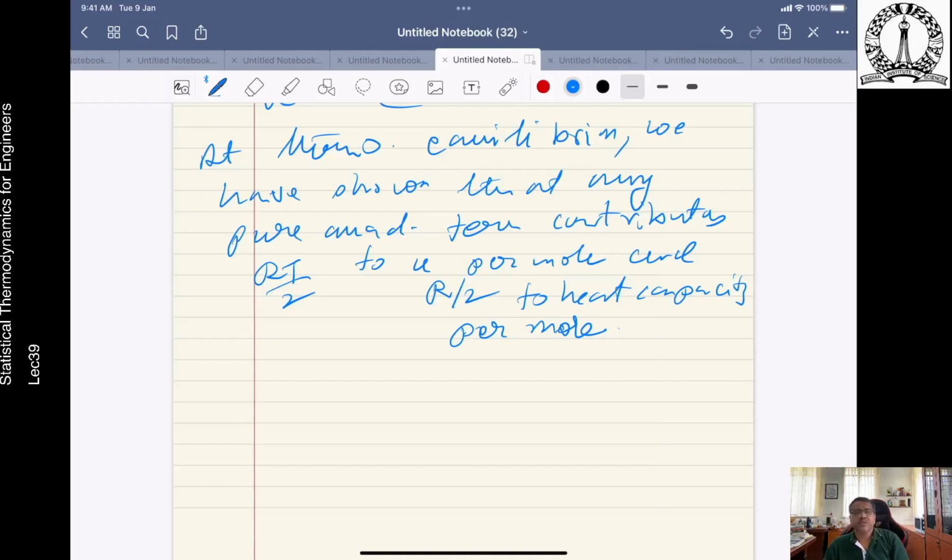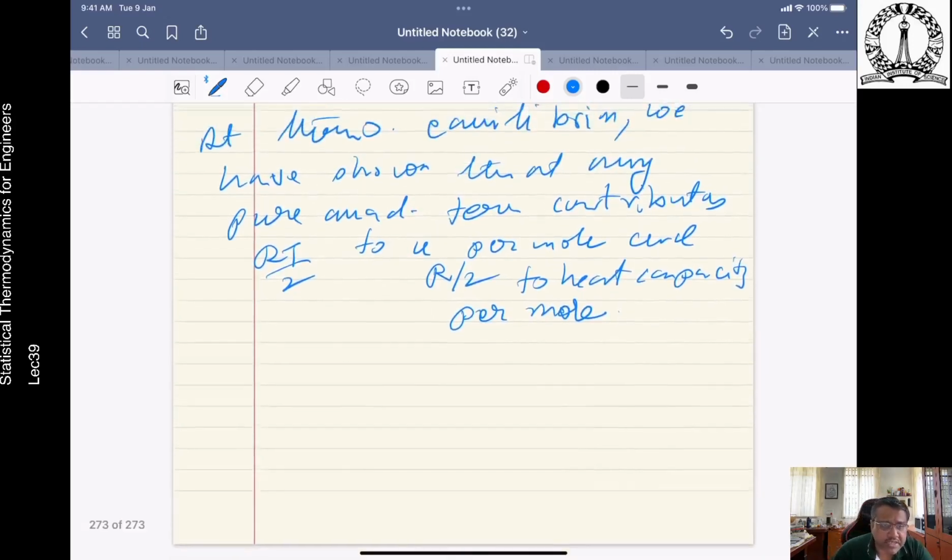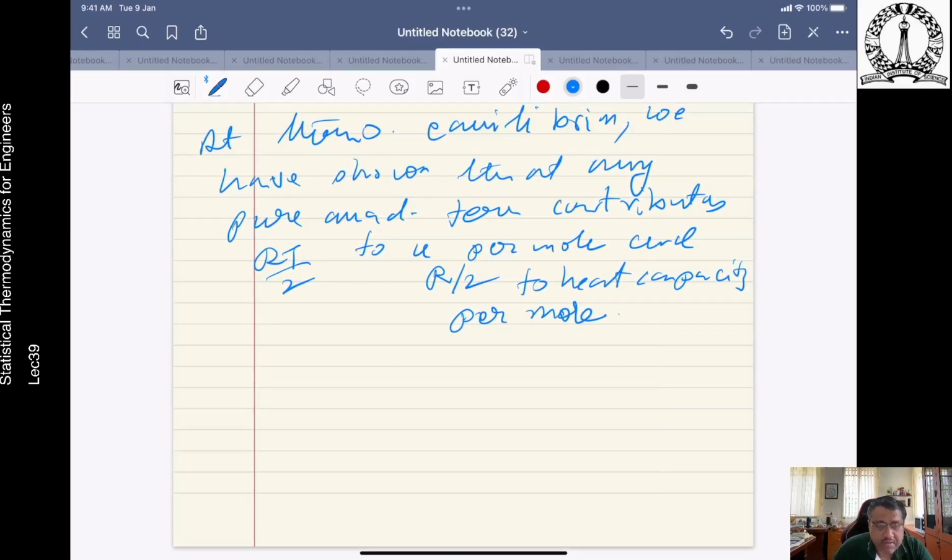Okay, so if we write this with the contributions of translation, rotation, and vibration as a total.